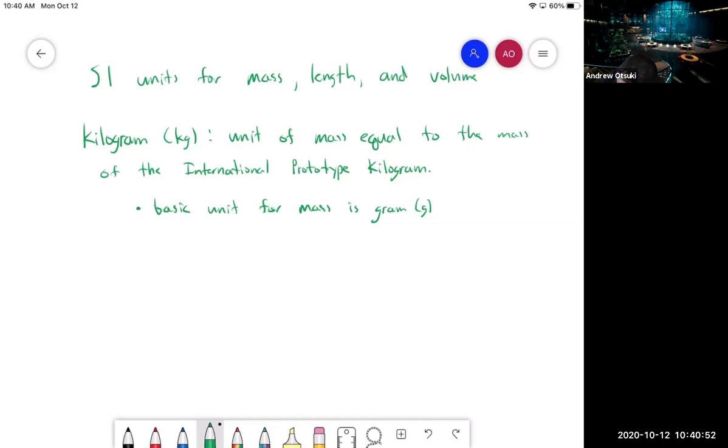So meter. These are just formal definitions for these units.